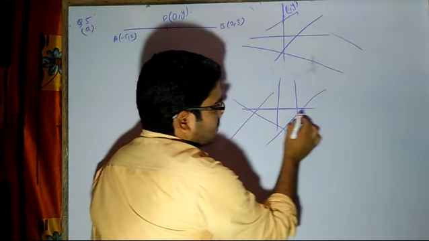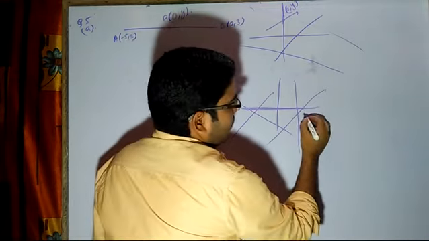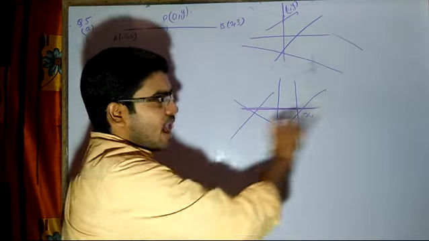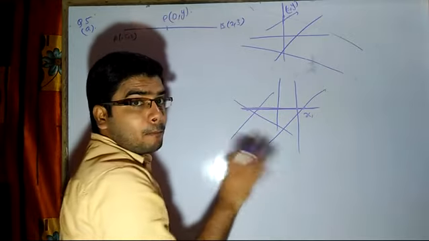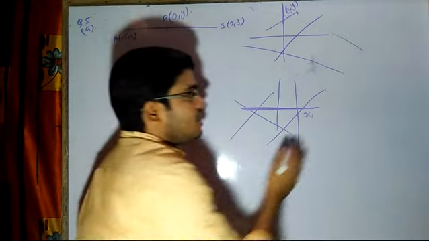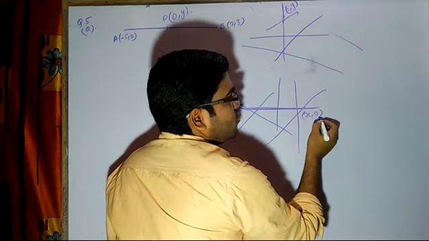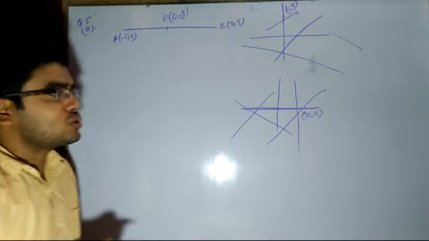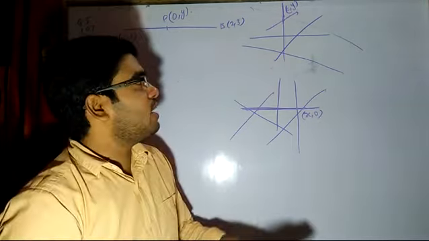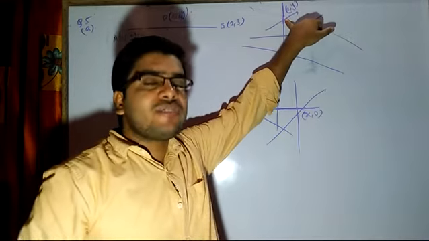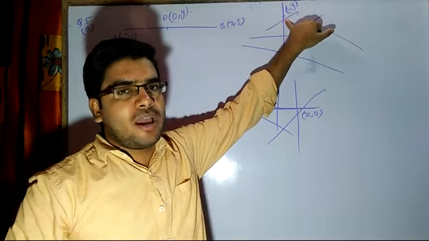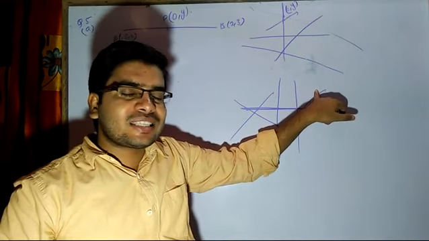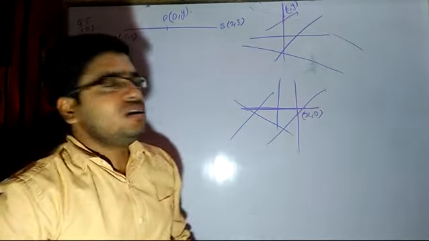Now on the x-axis, what do you observe? The value of x will be varying, it will not be unique, but what is constant is 0. That means the value of y will always be equal to 0. So what conclusion did you get? When a line is divided by the y-axis, you have to take the point as (0, y), and if a line is divided by the x-axis, then you have to take (x, 0).